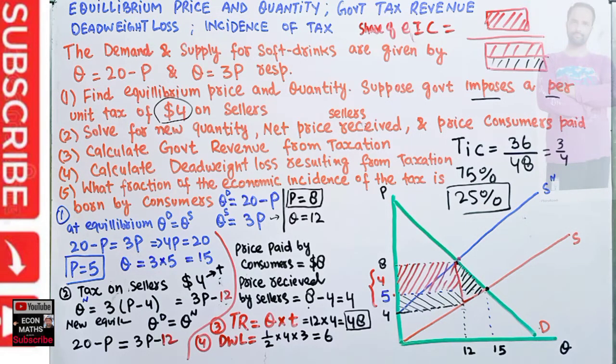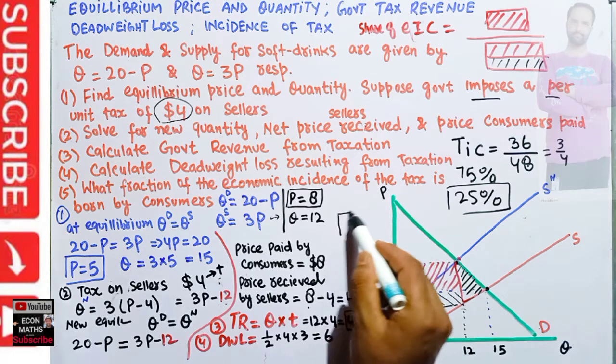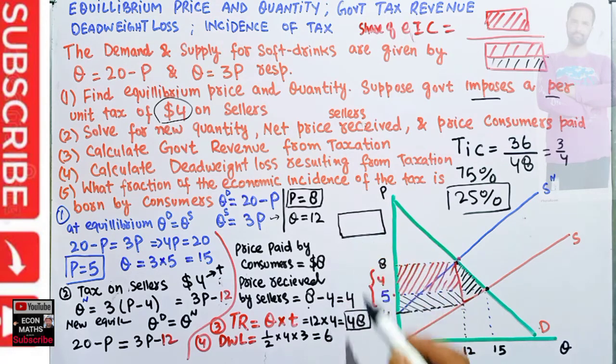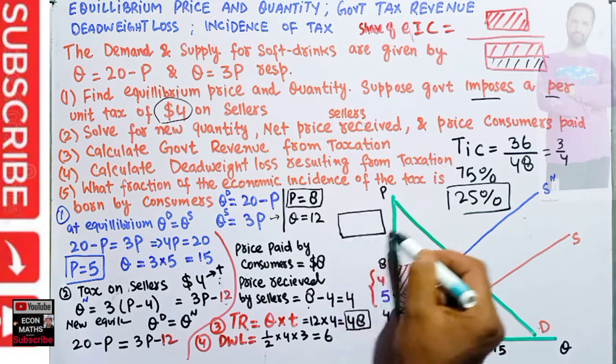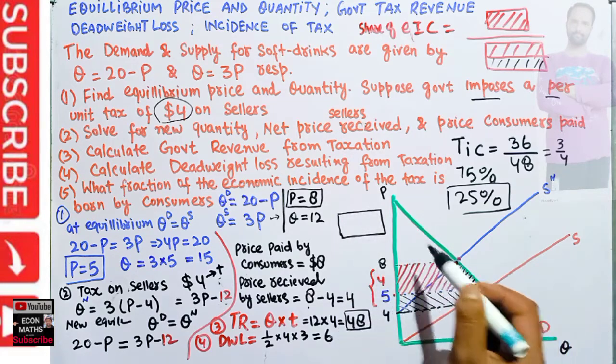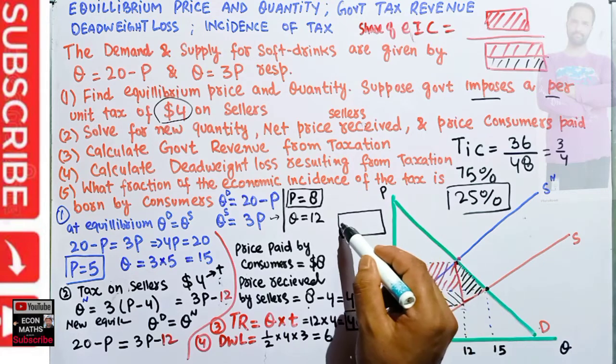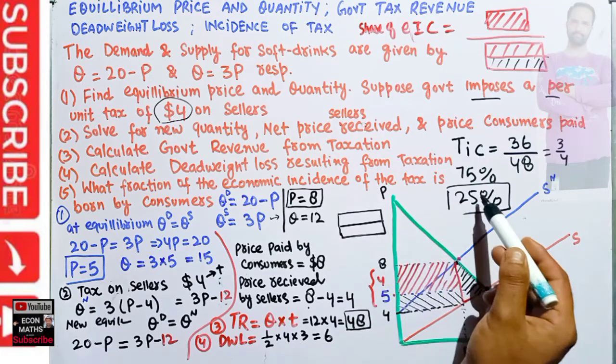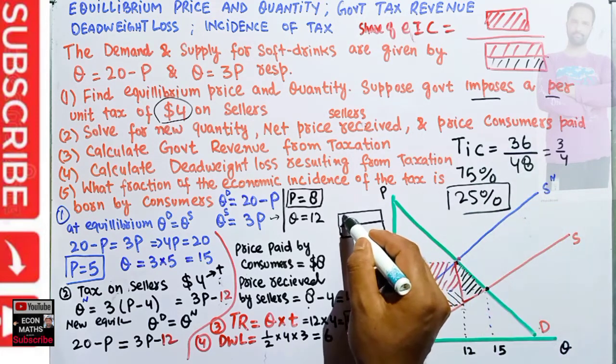Let me repeat it here. The total tax burden on both producers and consumers was 48. The area of this rectangle is 48, and out of this we got 36.